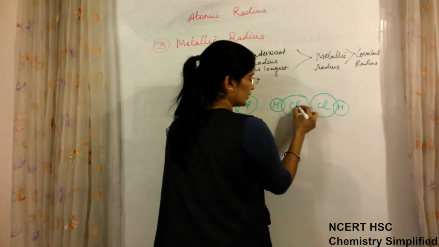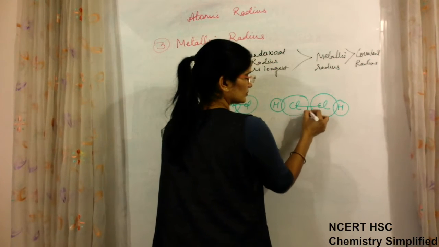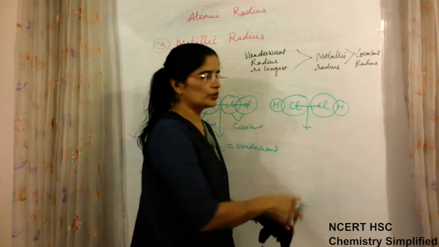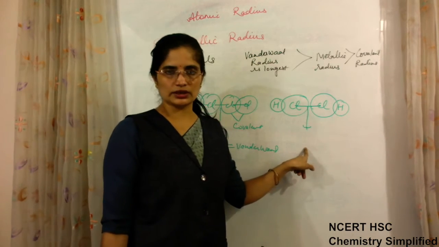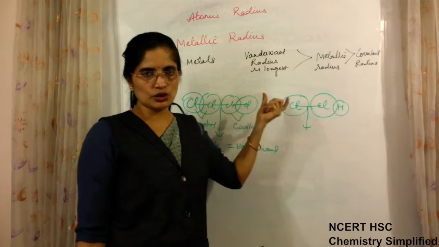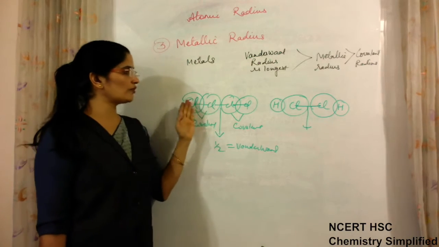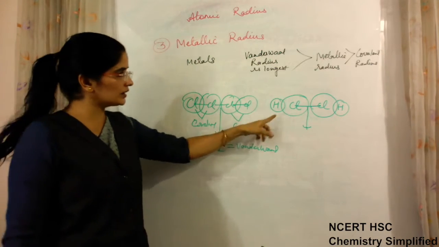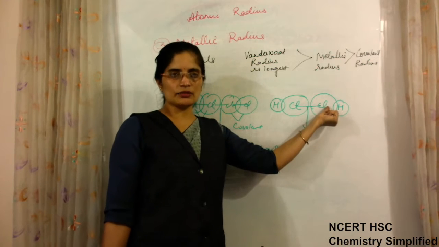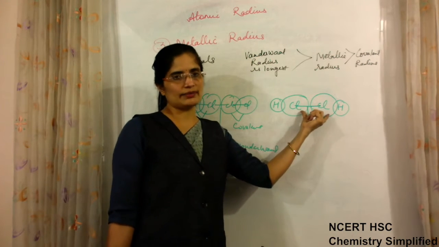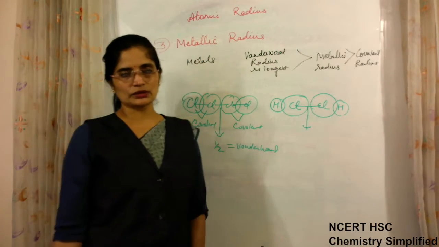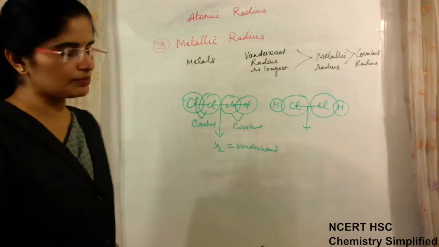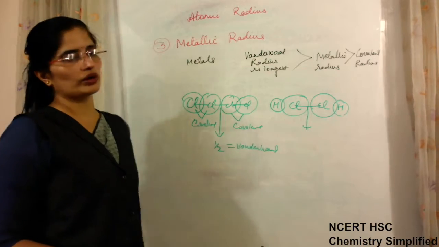I can measure half the internuclear distance of two same atoms which are not bonded to each other. So this is also one of the ways. It's not necessary that they should be the same type of molecules, but the atoms whose distance we are measuring should be of the same type. They may be bonded to something else, but these should be the same. Okay. So this way is also possible for measurement of van der Waals radius.